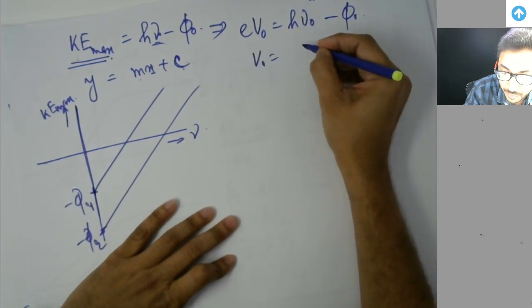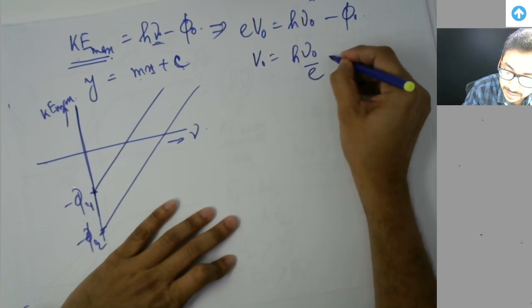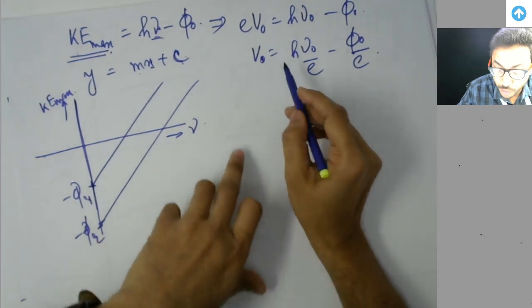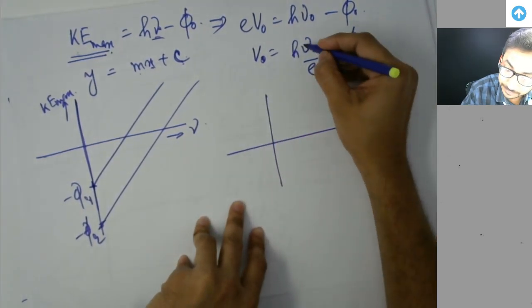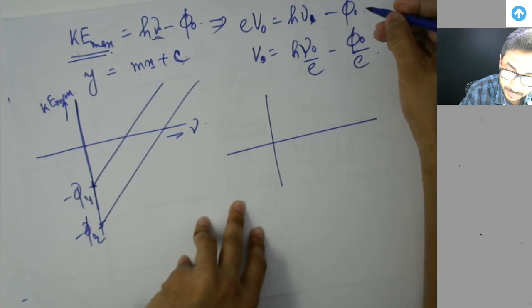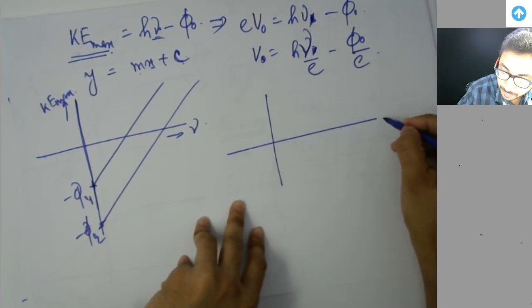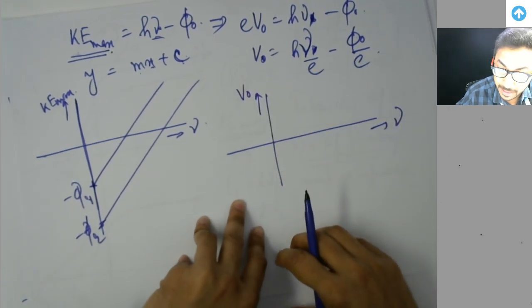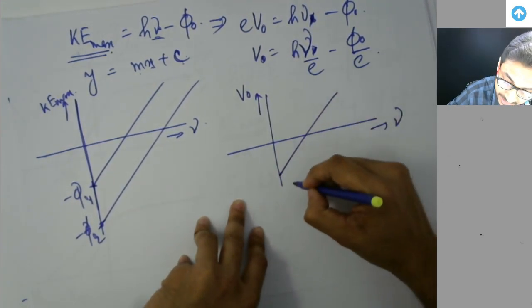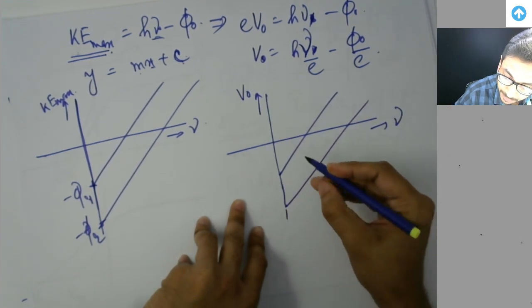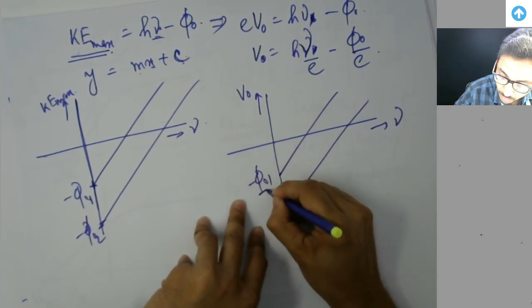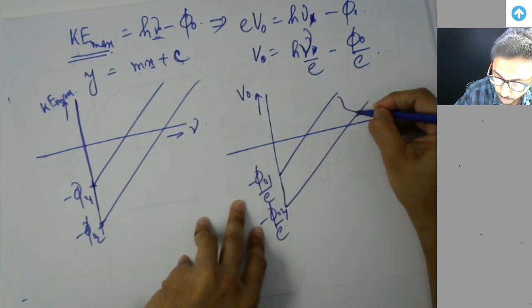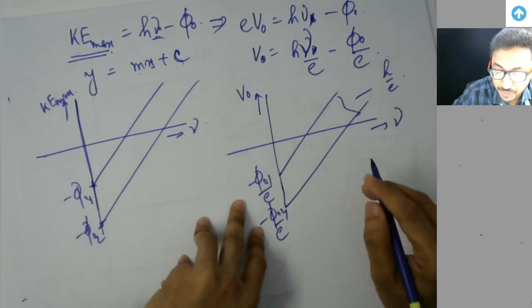Then V0 equals h nu by e minus phi 0 by e. Now if we want to plot V0 versus nu, we will see two graphs where this will be minus phi 01 by e, this will be minus phi 02 by e, and the slope of the graph will be h by e.